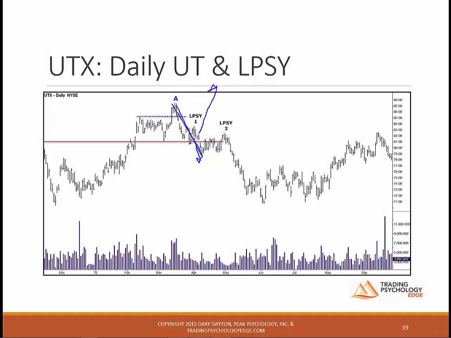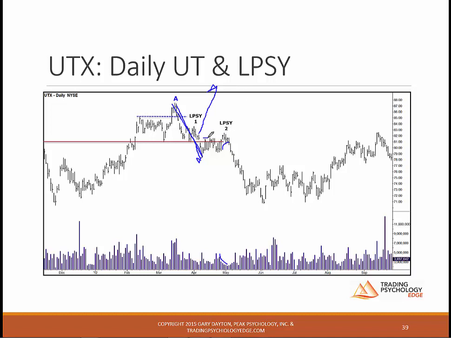This support now is not really holding, and we come back up here and we see volume diminish up in here. It gets smaller up there. That's not good. Effort versus result. There's no effort behind the move up. So we're not going to get a result.